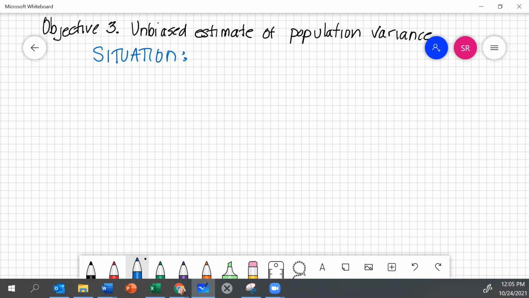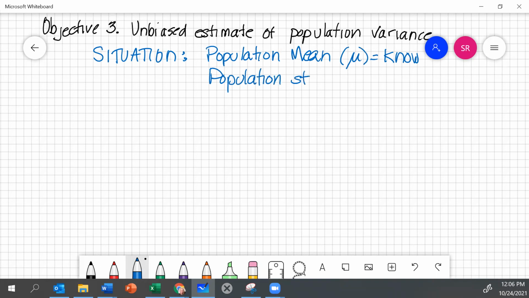We have a situation that we're currently working with where our population mean, which is referred to as mu, is known or given, but the population standard deviation, which we refer to as sigma, is unknown.